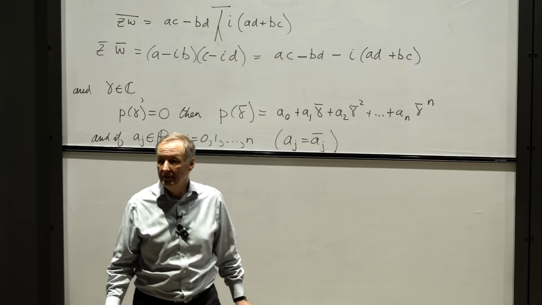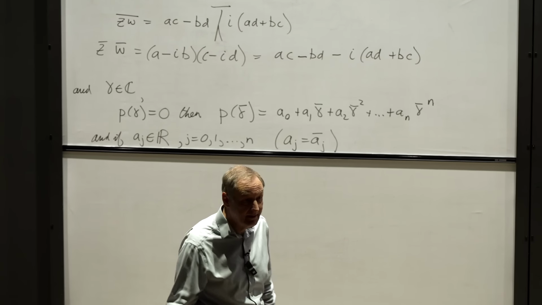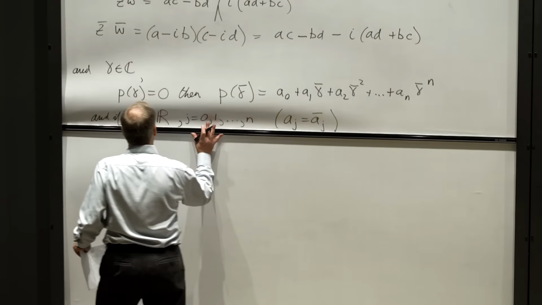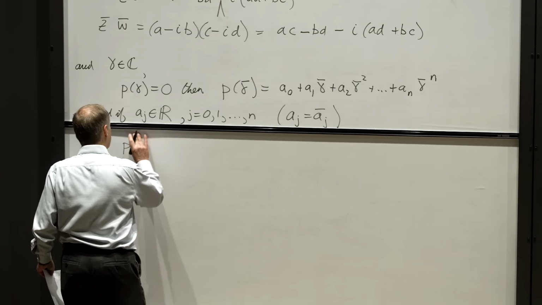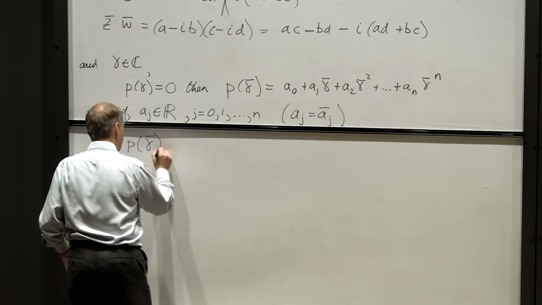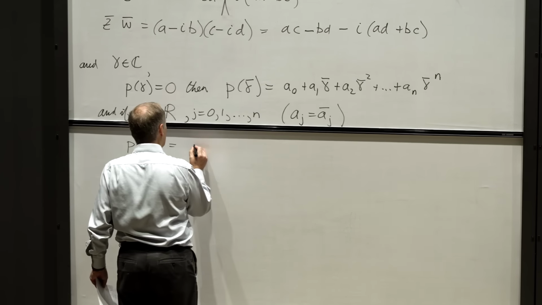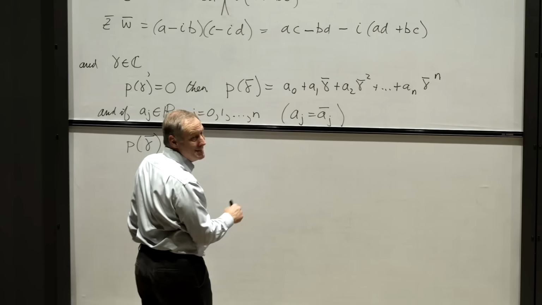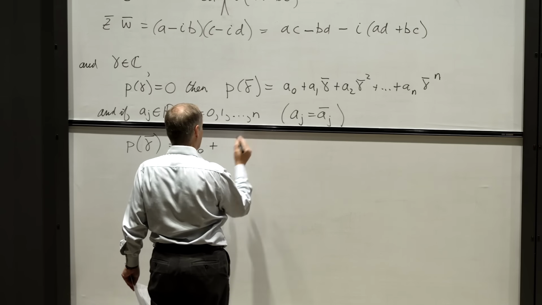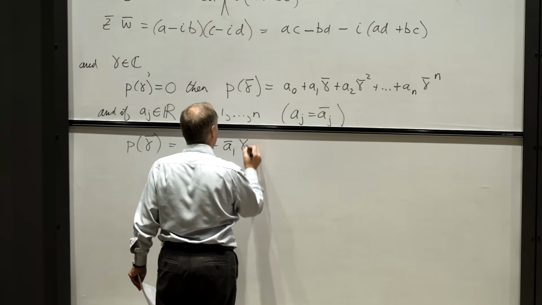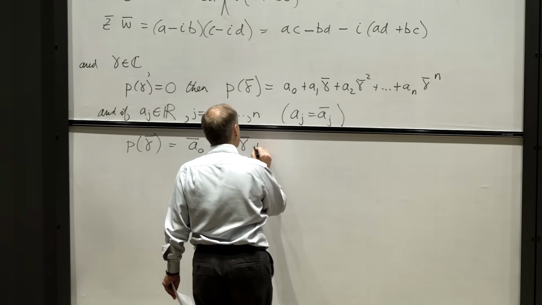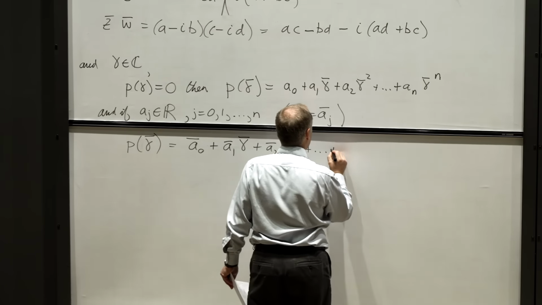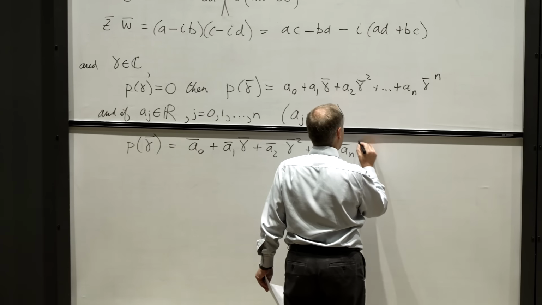The conjugate of a real number is itself. So P of gamma bar is equal to, well, instead of A0, I can write down A0 bar because that's the same number. And instead of A1, I can write down A1 bar times gamma bar, plus A2 bar times gamma bar squared, plus An bar gamma bar to the n.